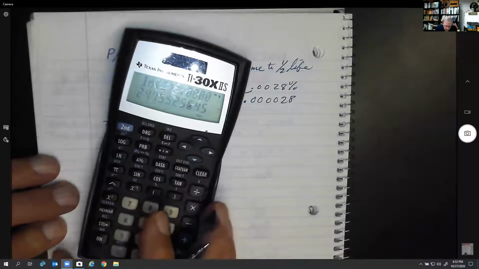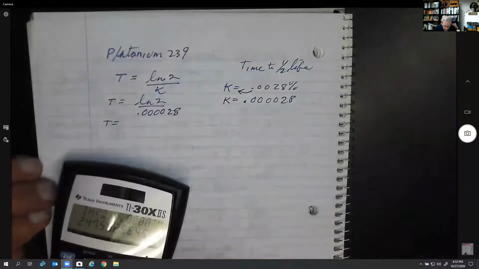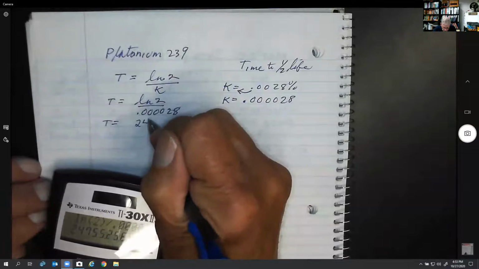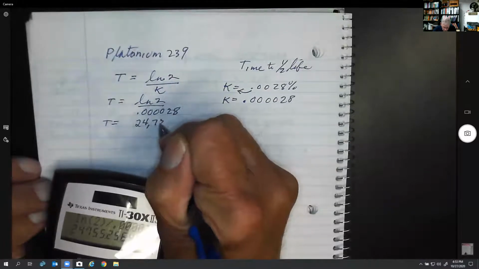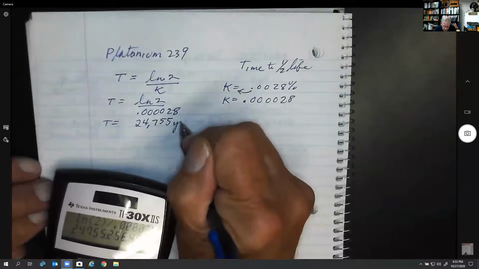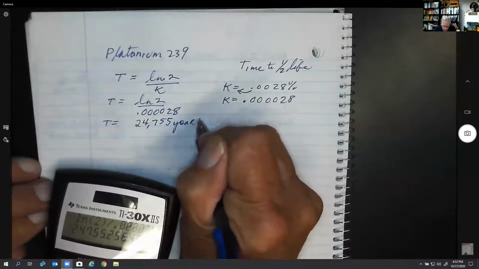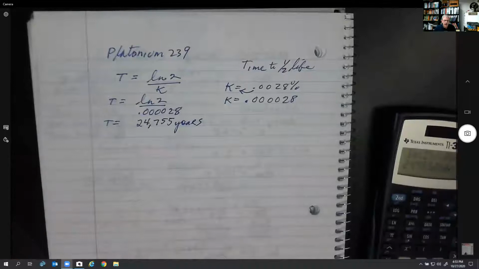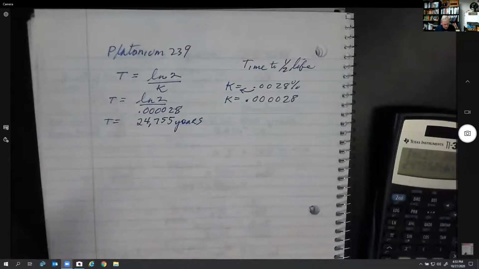Bingo. Is that right? 24,755 years, approximately. Almost 25,000 years. We'll be long gone before this even gets to its half-life, depending on how much plutonium we're using.